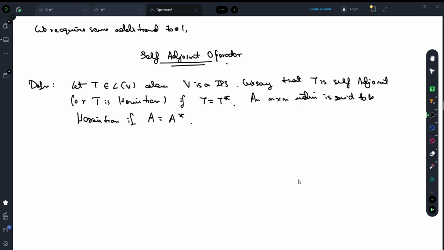Now, here we are not specifying whether the inner product space is real or complex. Obviously, if V is a real inner product space, then talking about its conjugate transpose is the same as talking about its transpose, so this definition for a real inner product space is simply talking about symmetric matrices.